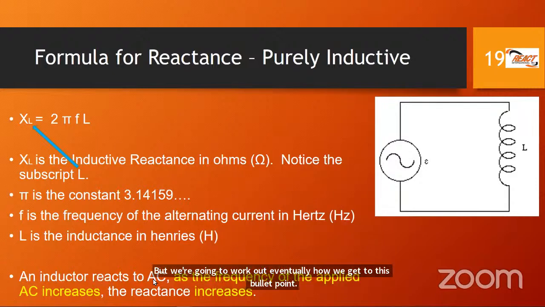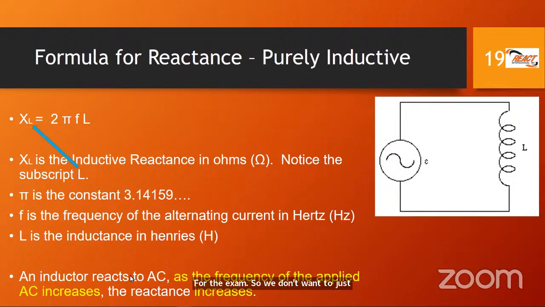So we don't want to just learn by rote that if there's an inductor in a circuit and you increase the frequency of the alternating current, then the reactance increases. We don't want to just remember that. We want to show why that is so, or what causes us to know that is so. And what causes us to know that is so starts off with the reactance formula.